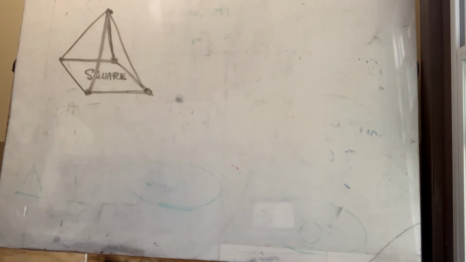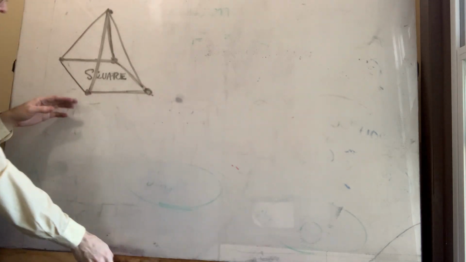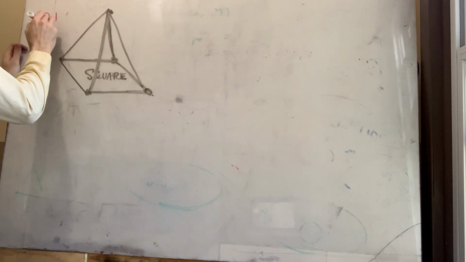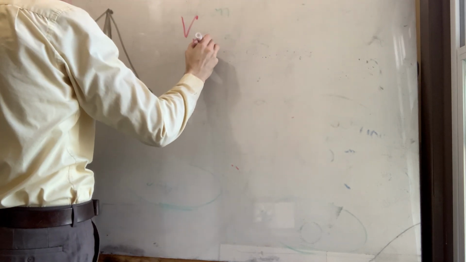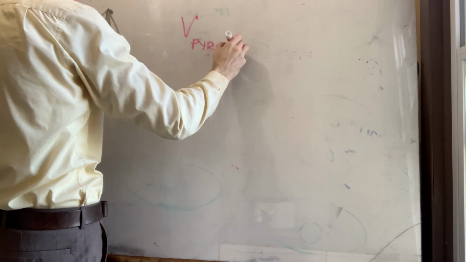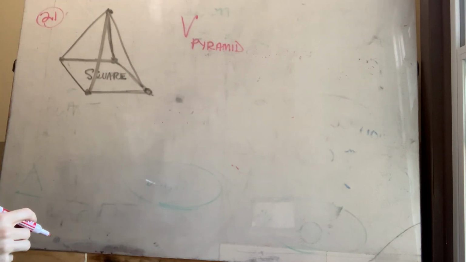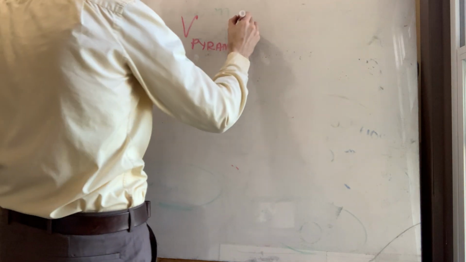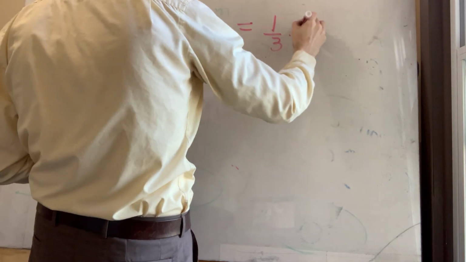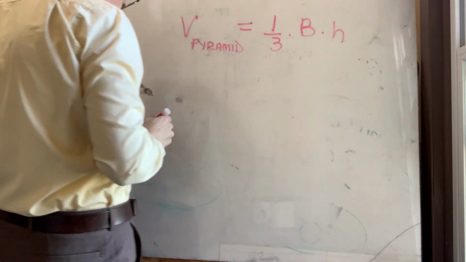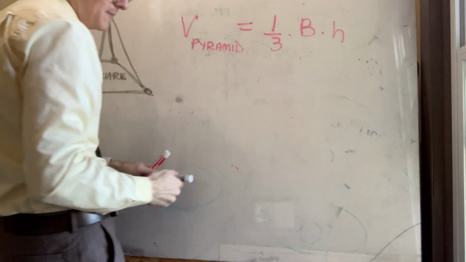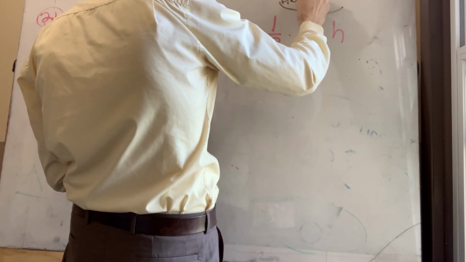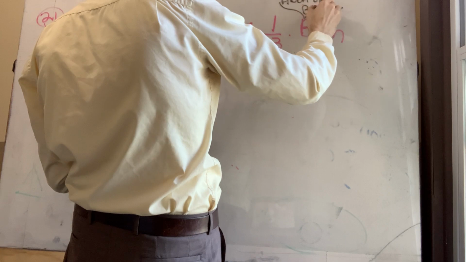Now, this is square-based, which is important because the formula for volume, this is problem 21, the volume of a pyramid, P-Y-R-A-M-I-D, I always forget that, is 1/3 capital B times H. This is different from a regular b because this is the area of the base, whatever the shape happens to be.